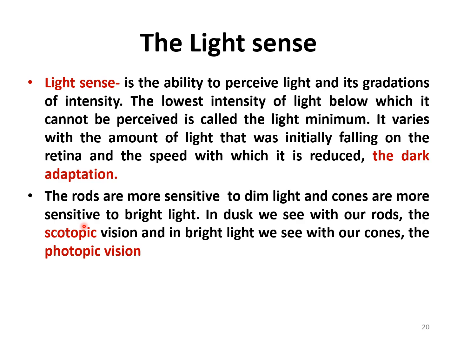The rods are more sensitive to dim light and cones are more sensitive to bright light. In dusk, we see with our rods, that is called the scotopic vision, and in bright light, we see with our cones, and this is called the photopic vision.